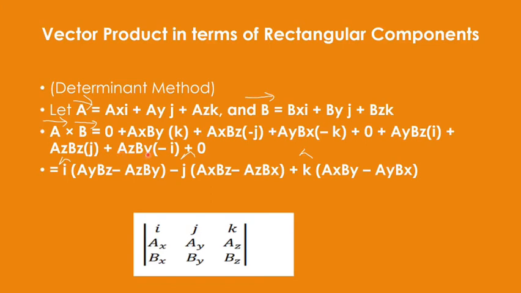Now this is one method of taking the product. But if I write it in determinant form, then things will be easy for me to work with. I will get the same result whether I use the simple cross product method, with the formulas I have learned till now, or the determinant method.